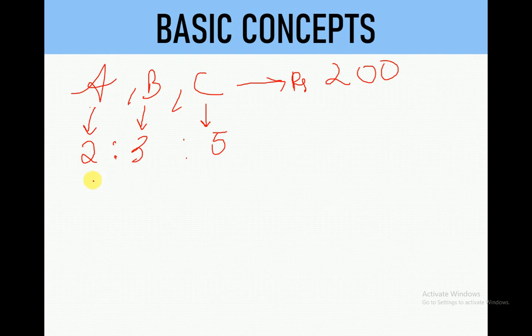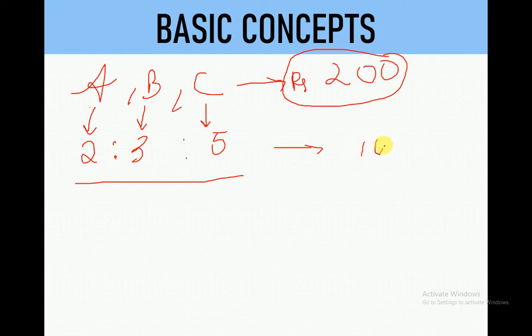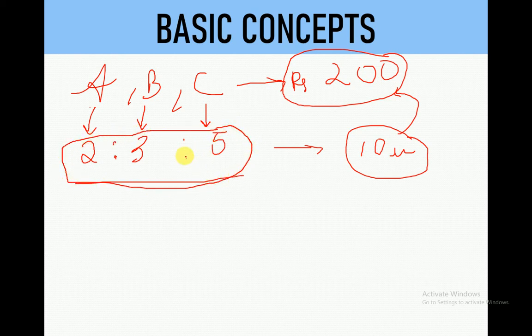The total amount here is rupees 200, and the total value in parts is 10 units. This 10 units is equal to rupees 200, because this 200 is being distributed in this ratio. So the total of the ratio will be equal to the total of the amount. Here 10 units is equivalent to rupees 200, and 1 unit will be equal to rupees 20.